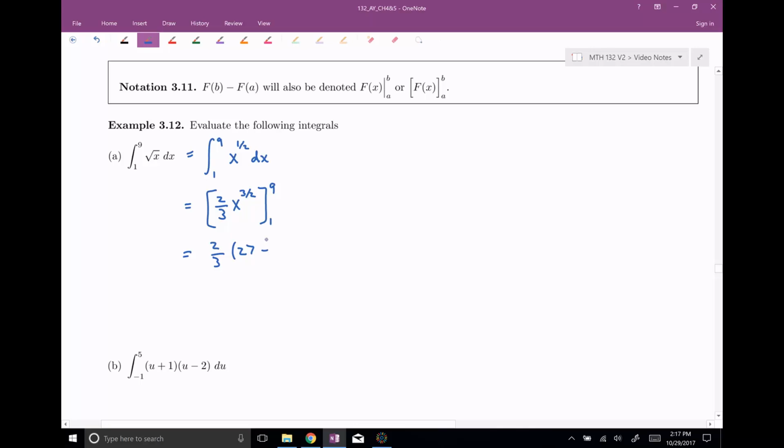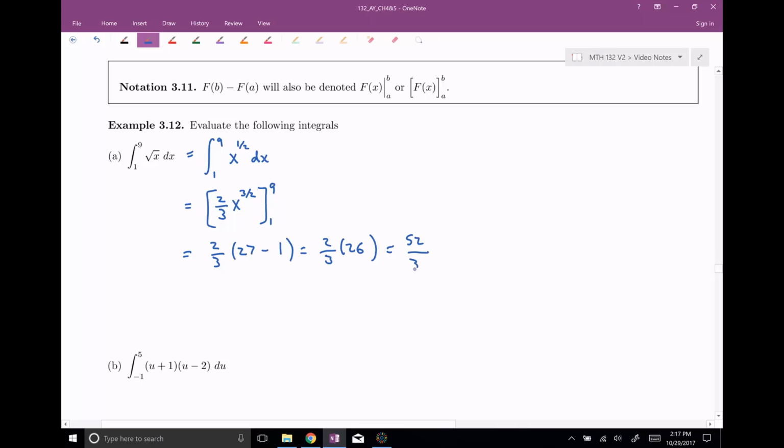And then minus, if I take 1 and cube it and raise it to the 1/2 power, any order will give you 1 in this case. And so our final answer is going to be 2/3 times 26, which is equal to 52 divided by 3.